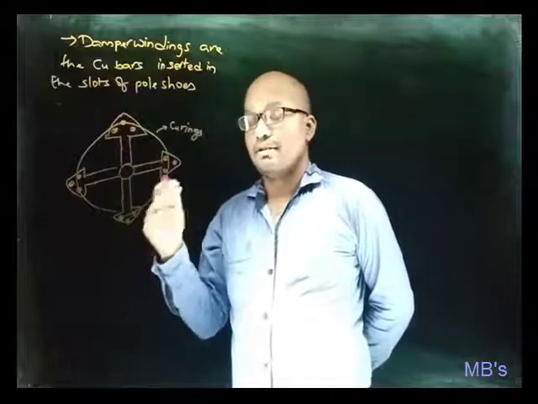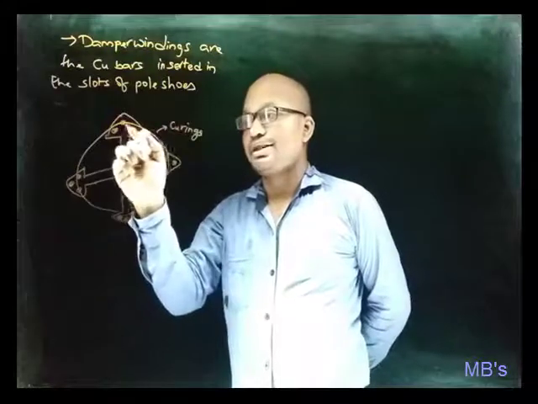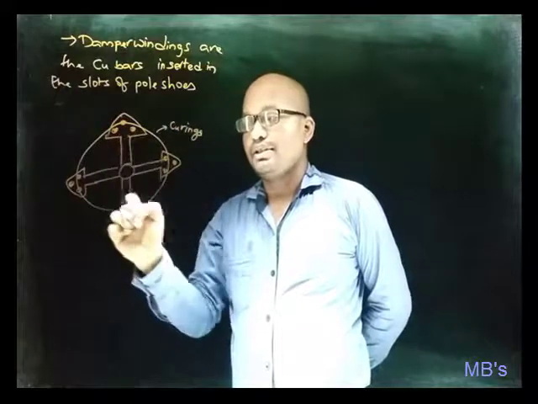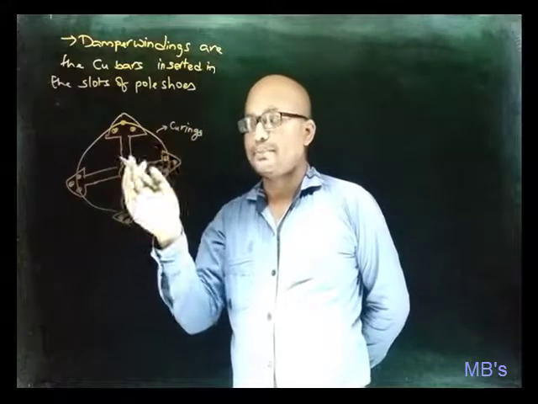So damper windings are the copper bars which are inserted in the slots of pole shoes and short circuited by the copper rings on both sides.